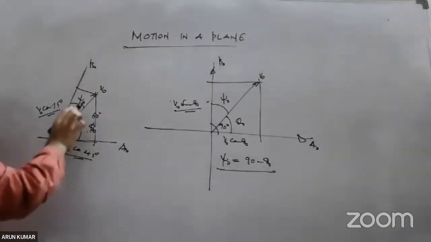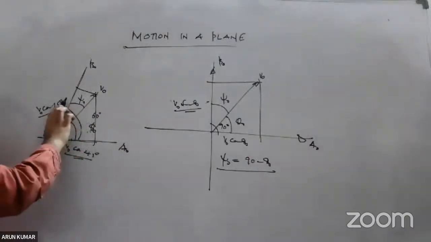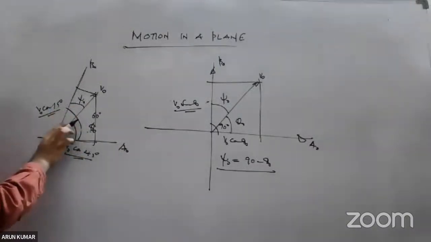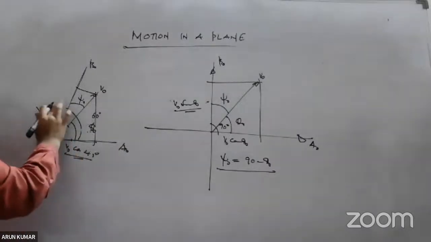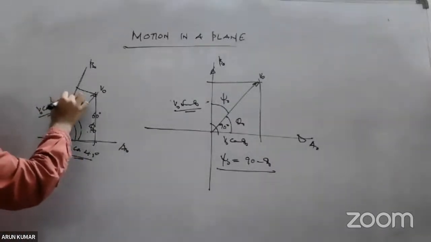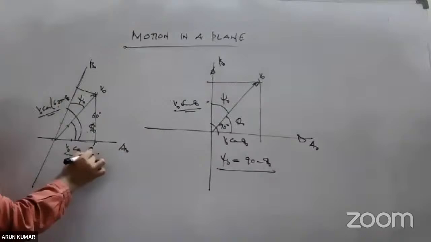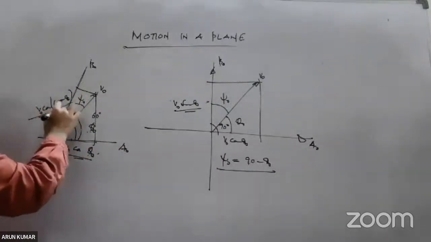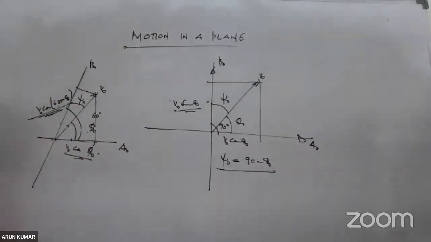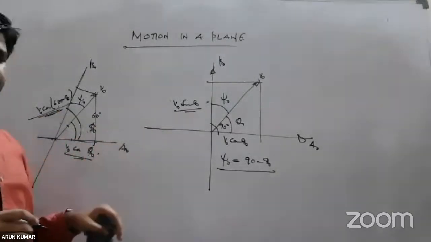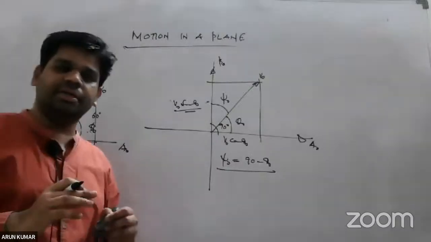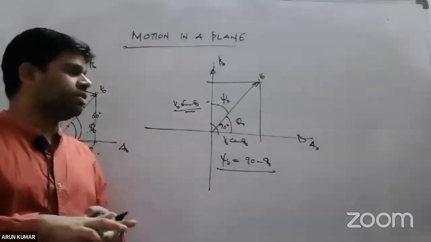So what is the component now? V naught cos theta here, V naught cos psi here. Psi is nothing but 60 minus theta. So V naught cos of 60 minus theta here, V naught cos theta here. But here, because it is 90, that became sin theta. So component always means cos.